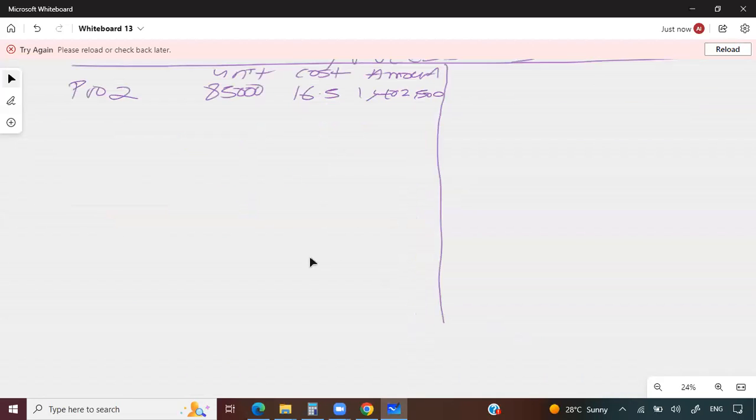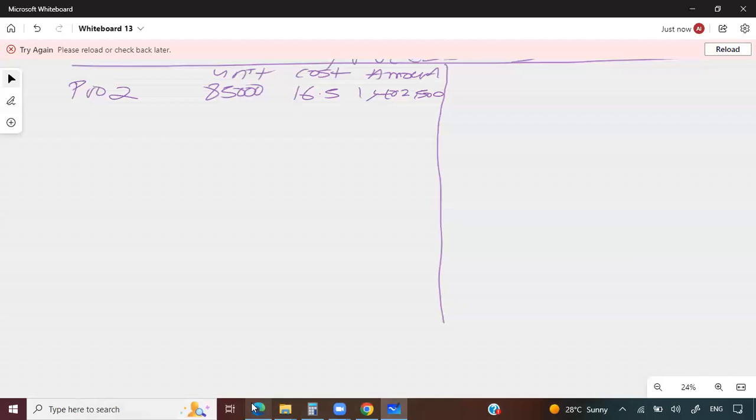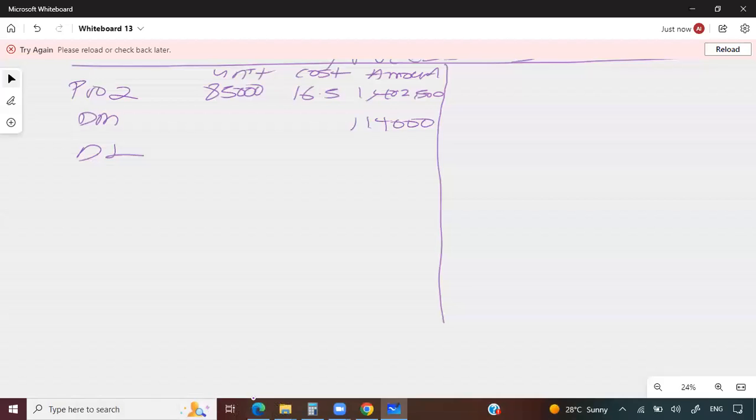So from process 2, what else again? Direct material 114. We also have direct labor. Please in the exam write it out for all this DL that I'm writing. This is 100,000.